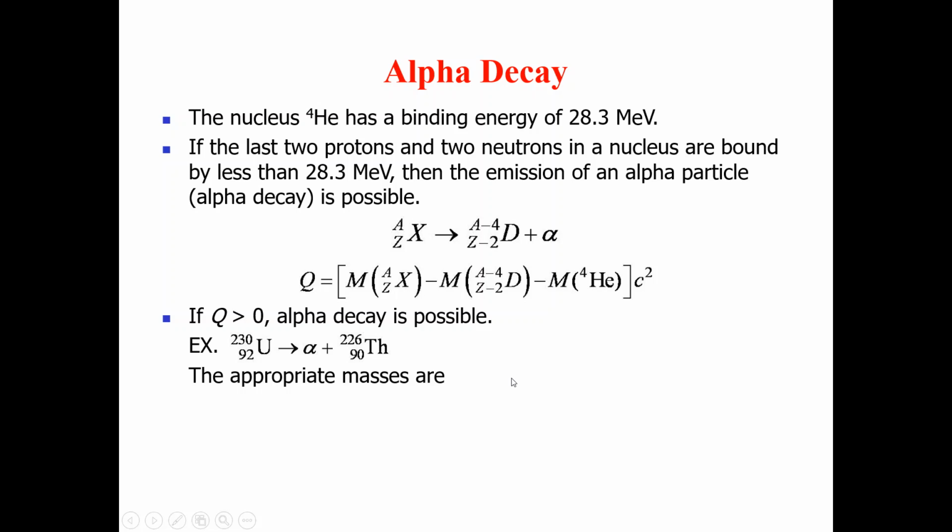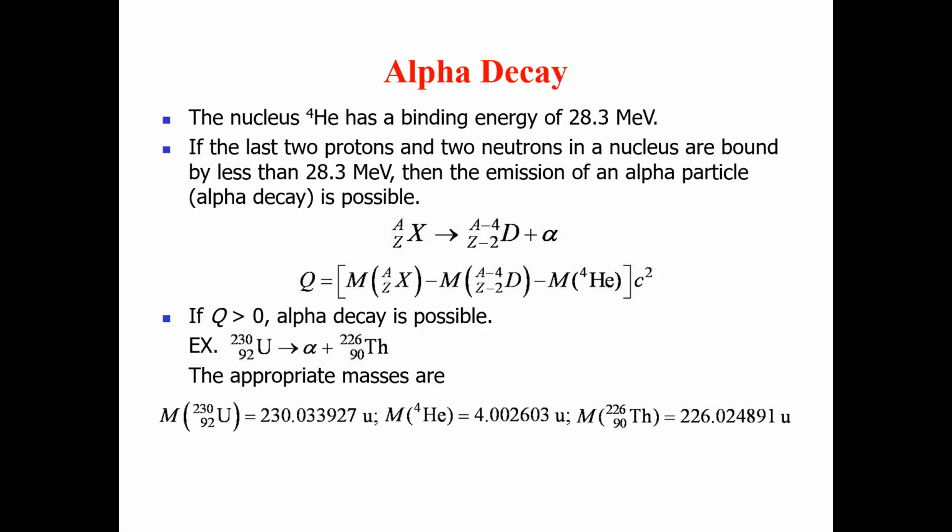The appropriate masses for this reaction are: uranium 230 has an exact mass equal to 230.0333927 atomic mass units. The mass of the alpha particle is equal to 4.002603 atomic mass units, and that of thorium is equal to 226.02489 atomic mass units.